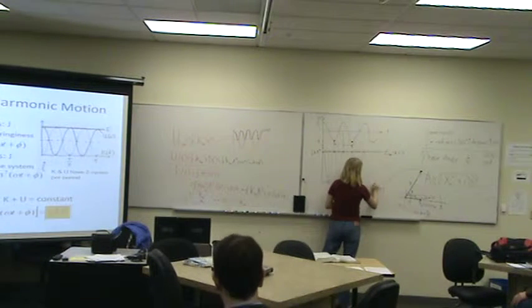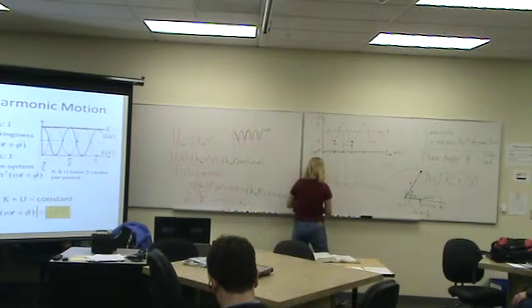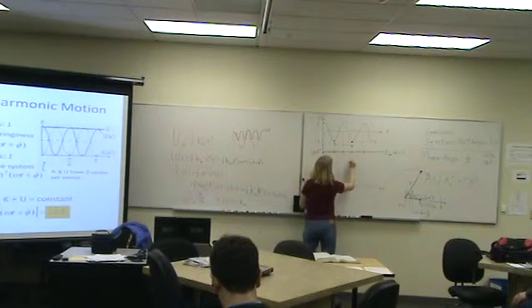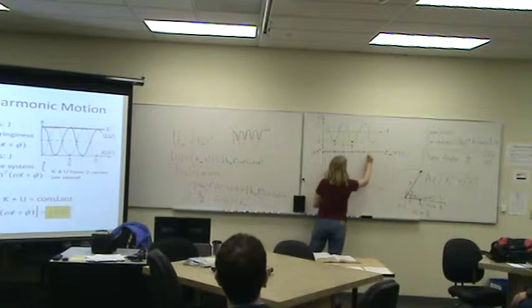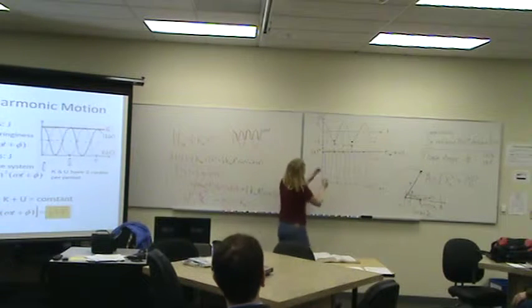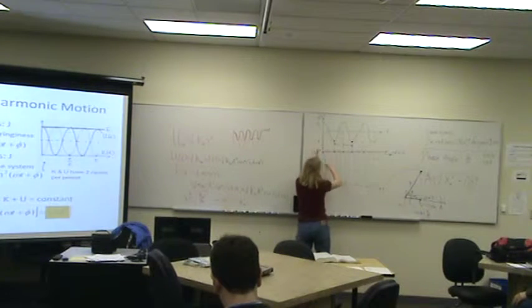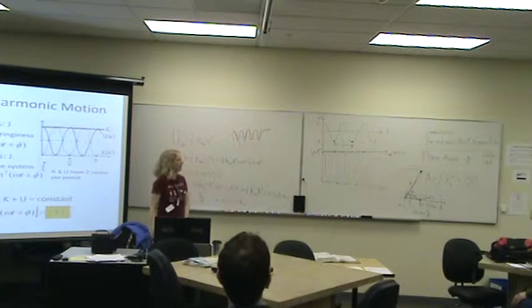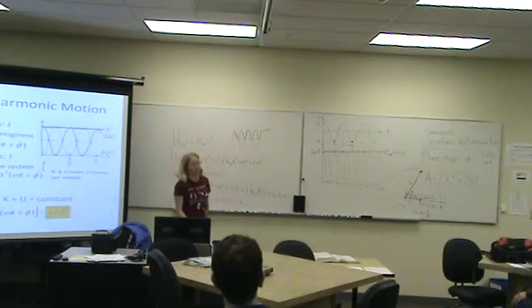So this was our potential energy graph, and kinetic energy is opposite of that. Okay, so we see one cycle of our position graph. We've got 2 cycles of our energies. It's kind of crazy looking.